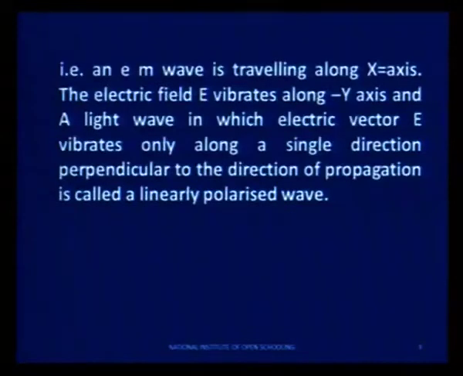Suppose an electromagnetic wave is travelling along the x axis and the electric field E vibrates along the y axis. A light in which the electric field vector E vibrates only along a single direction perpendicular to the direction of propagation is called a linearly polarized wave or polarized light.